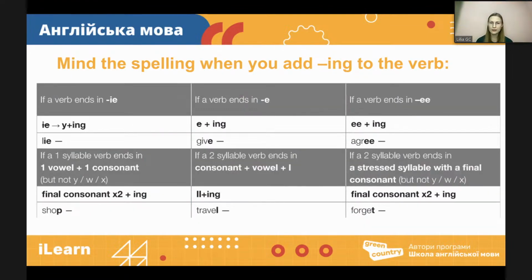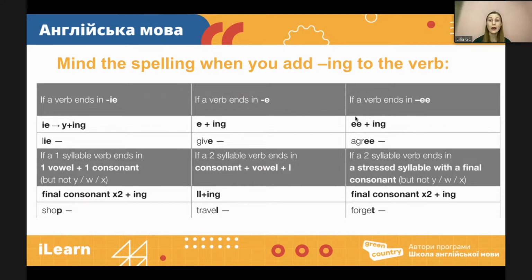So, again, some rules of spelling it. If we have some verb ending ie, we change it for y, vice versa, opposite to what we did in present simple, and then add ing ending. If we have just e in the end, we omit, пропускаємо this letter.